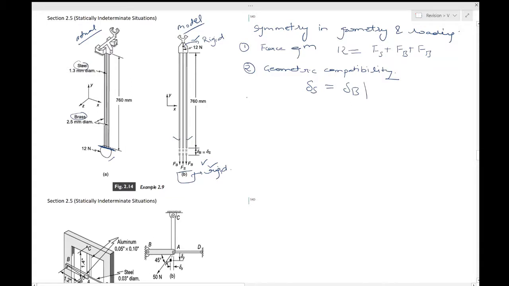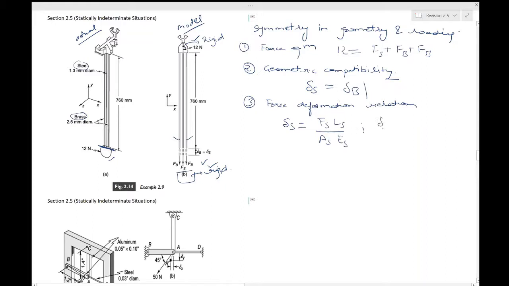And the last is obviously the force deformation relation. So this is where you employ the Young's modulus. So you will say for the steel rod, delta S, this is the Hooke's law, Fs, Ls, As and Es.